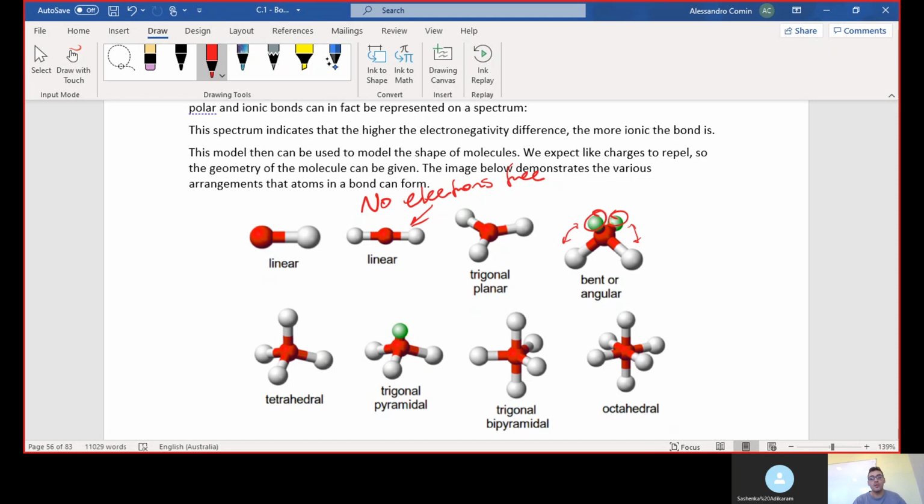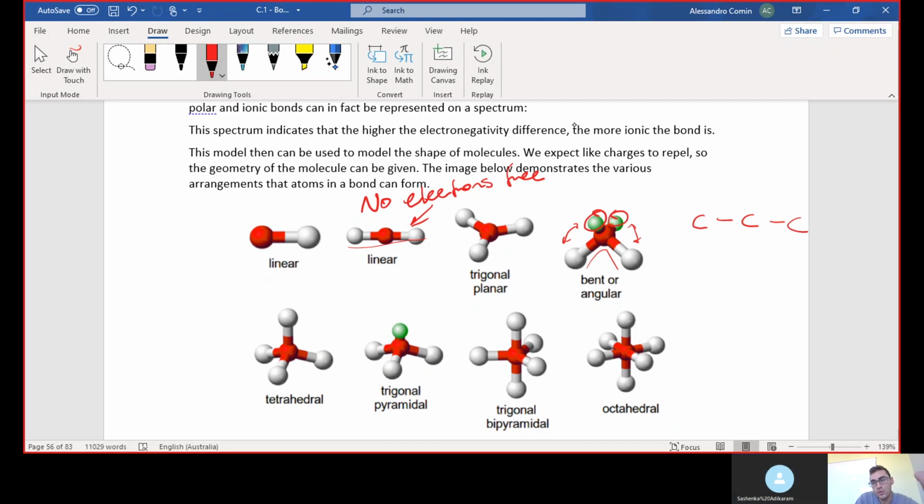Like repel, so that means that these are going to be bent rather than linear. So an example of linear would be, let's say we were putting carbon in a line. Carbon, carbon, carbon. Well, there's no free electrons, are there? No. So therefore, it would be linear.